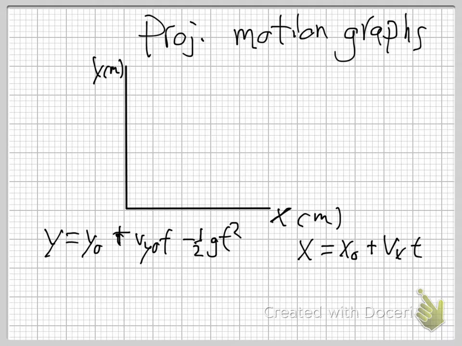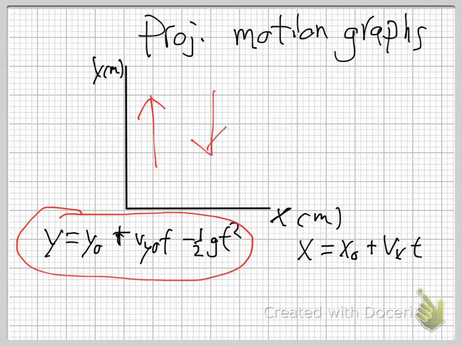Essentially this equation will always be used to determine where the projectile is up or down, its vertical position. Where this equation, there's no acceleration, so it simplifies to this, is going to tell me where the projectile is, left or right, so its horizontal position.